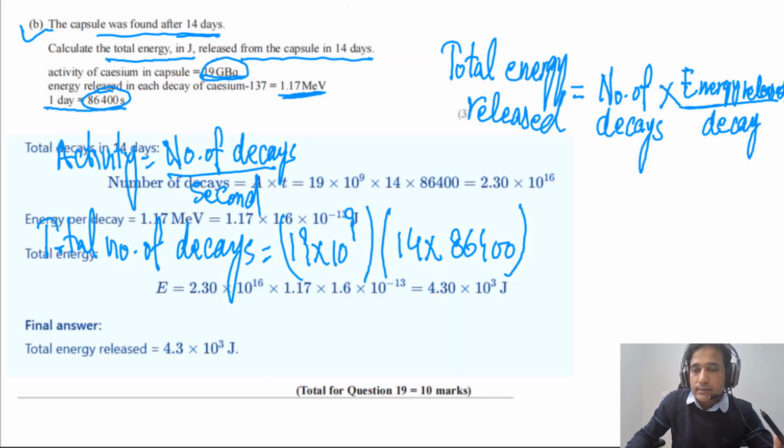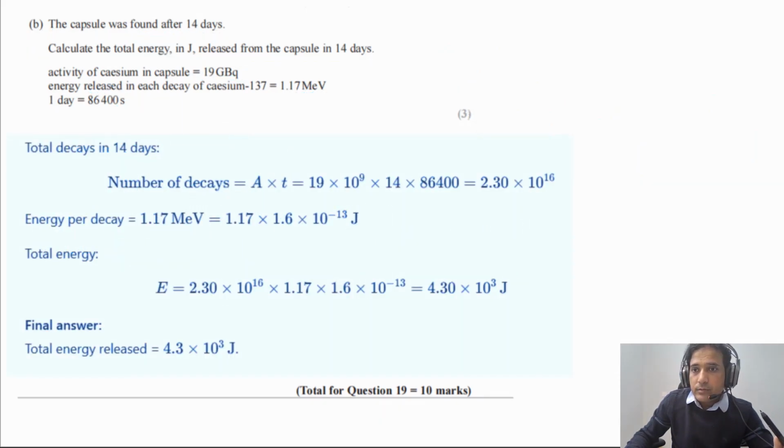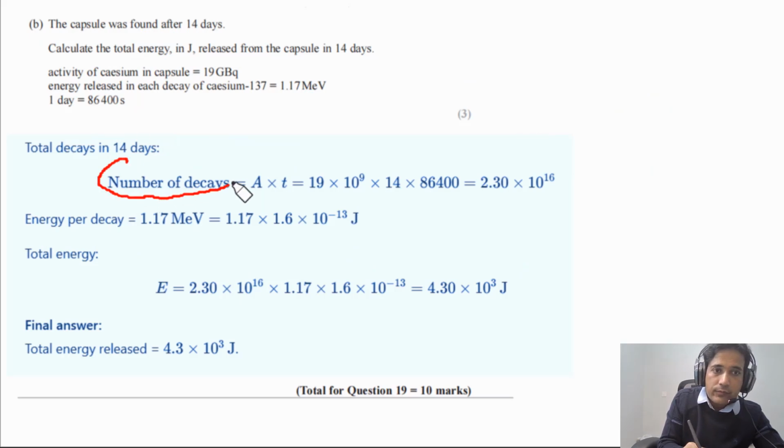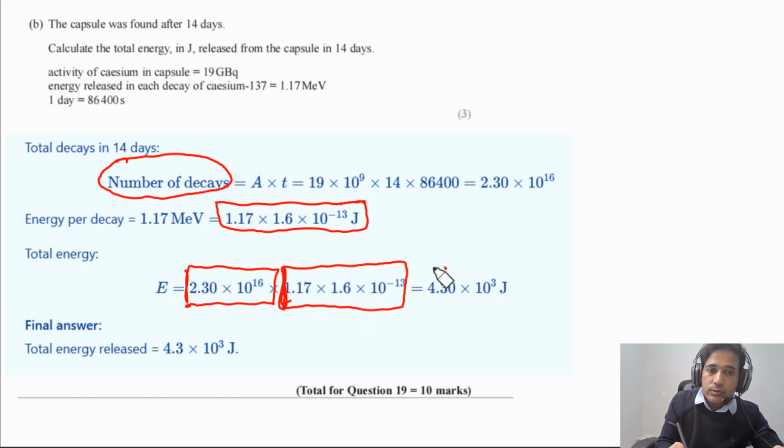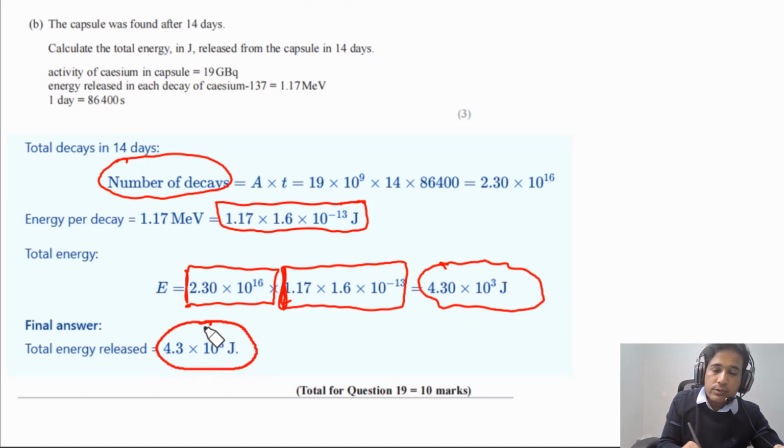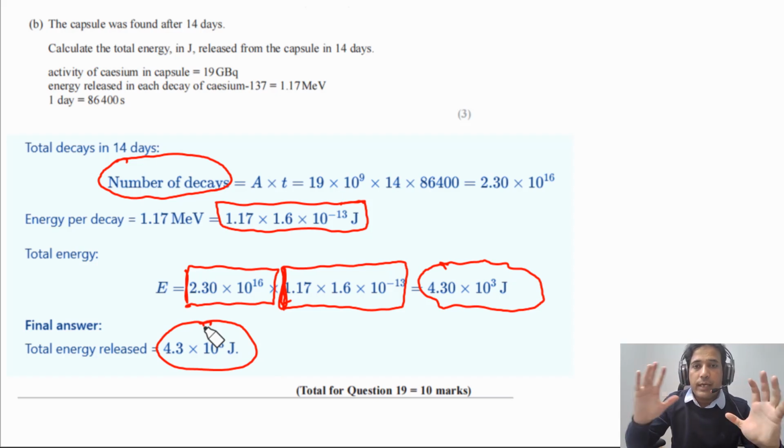In the answer, you can see, first of all, we have calculated the number of decays, and this is the energy released in 1 decay. We have converted it into joules. Now we simply multiply the number of decays with the energy released in 1 decay, and this energy is in joules. So our final answer is also in joules. So this is how you need to answer.